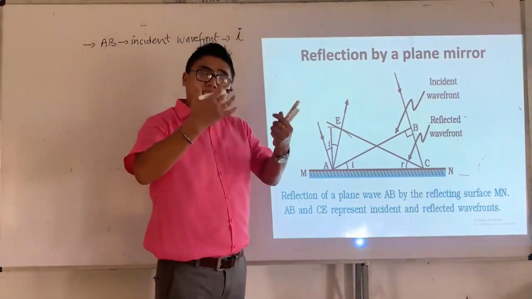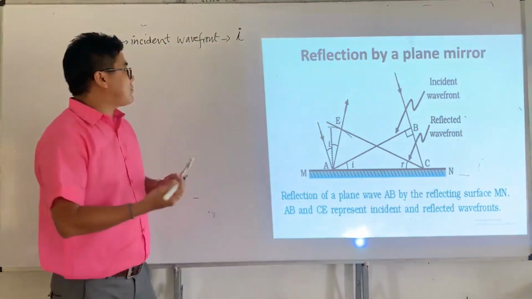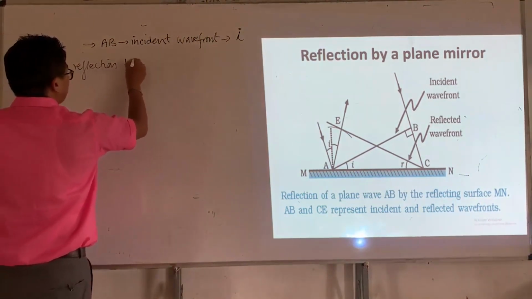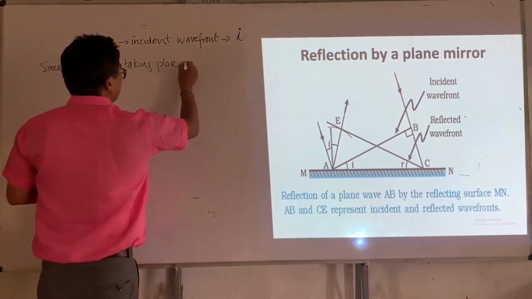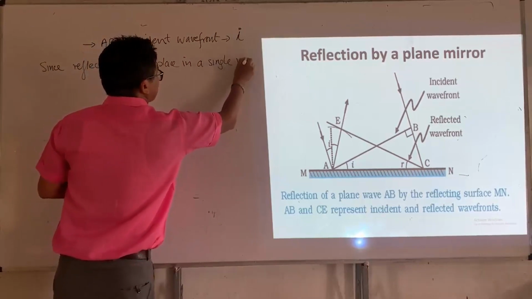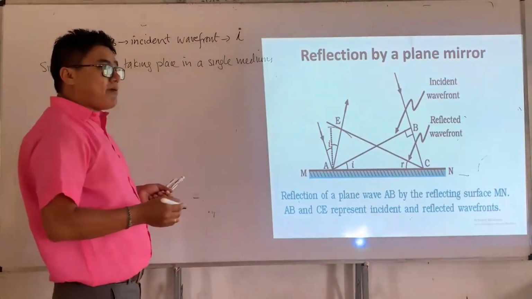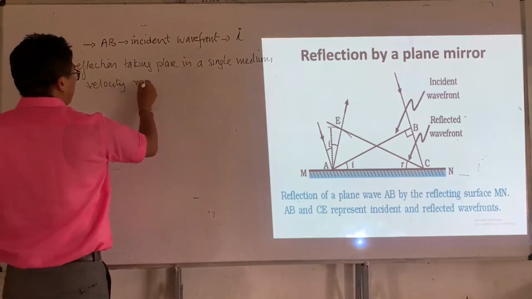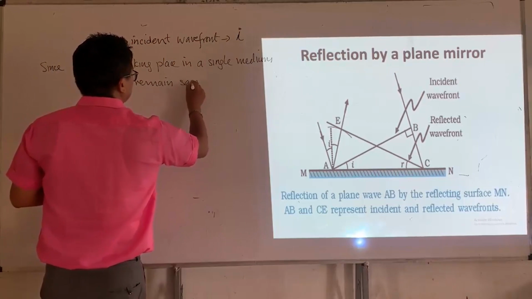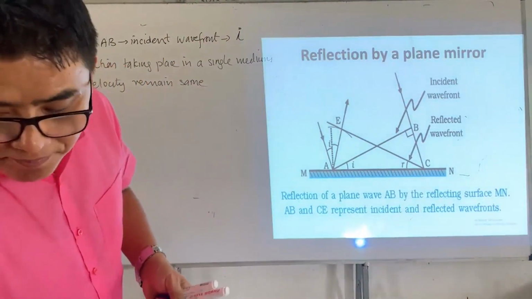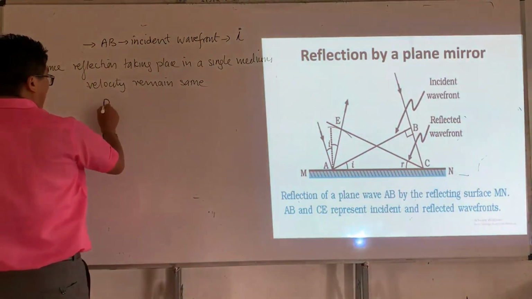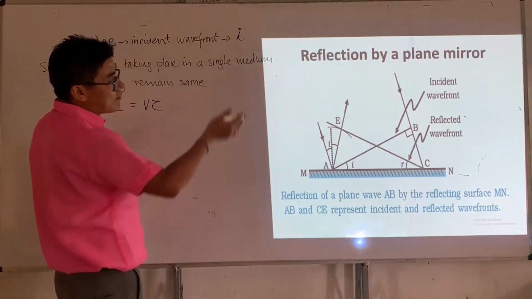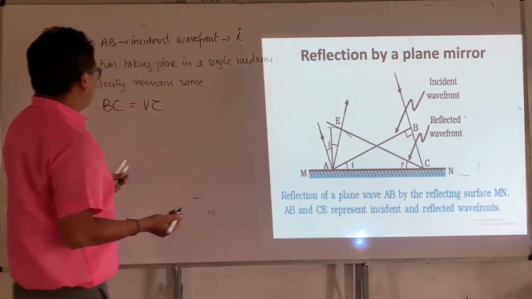Since the reflection is taking place in a single medium, the velocity remains the same. Therefore BC is equal to, let's say, v tau, where tau is the time taken from B to C. This is the distance.